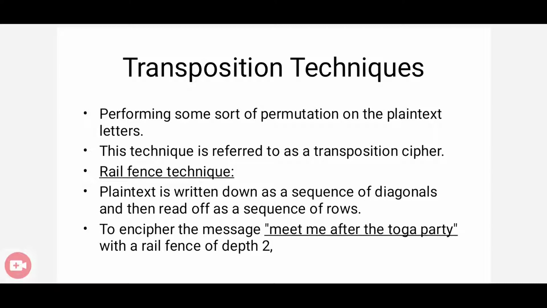Then take these pairs and write them down as a sequence of diagonals. You can see in the figure like this. ME is written in diagonal form. Then the next pair AT also in diagonal form. Then ME diagonal, AF diagonal, TE diagonal, like that.